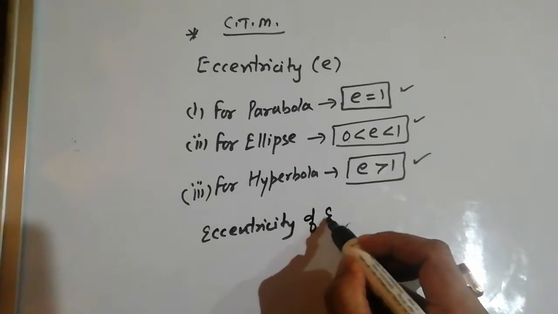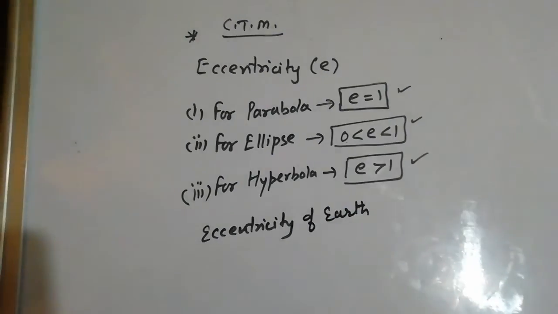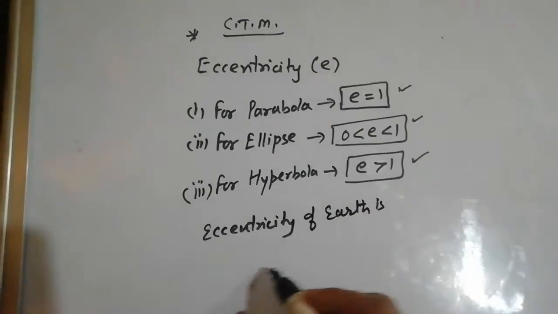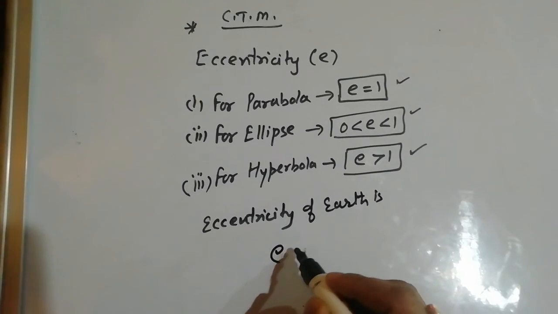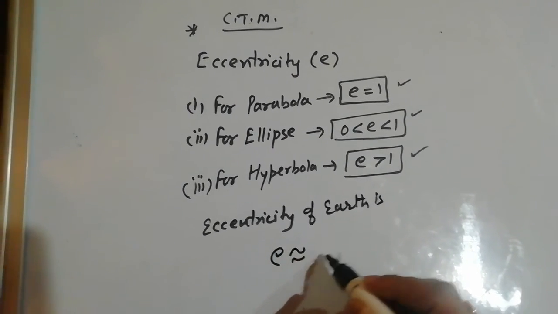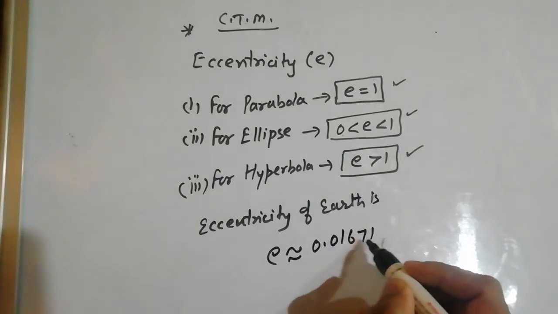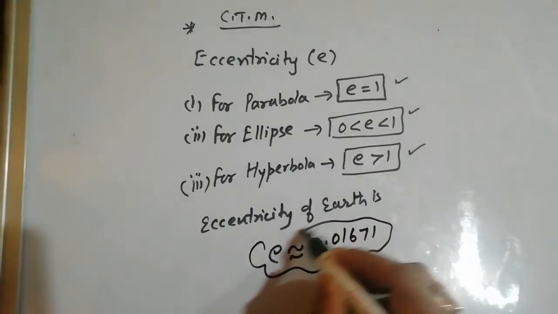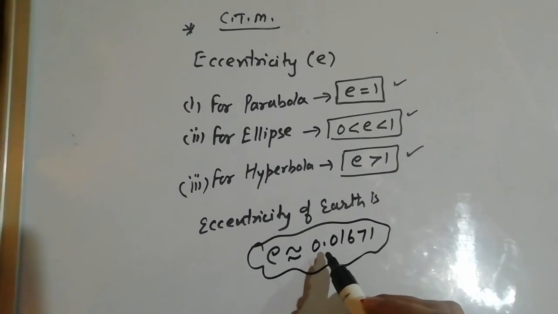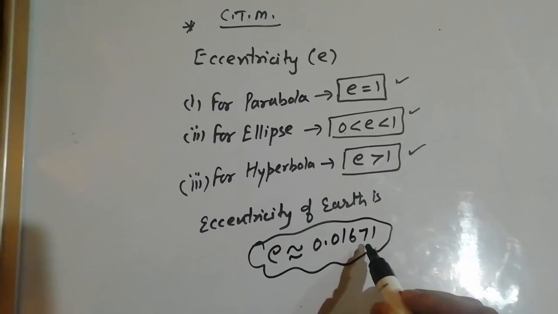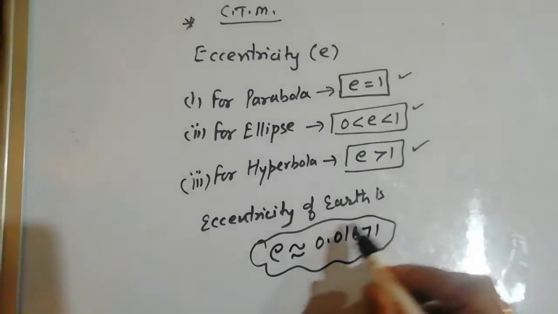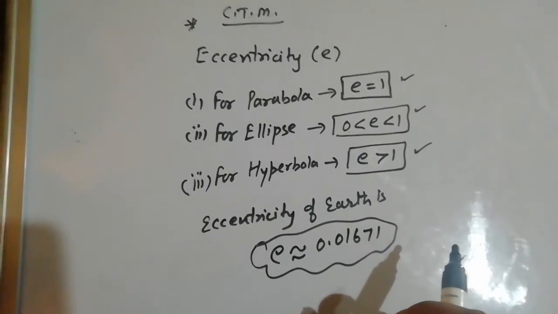So the eccentricity value of earth is approximately equal to 0.01671. Always remember this one thing. The value of eccentricity is greater than 0 but less than 1, it means our earth is elliptical in shape.